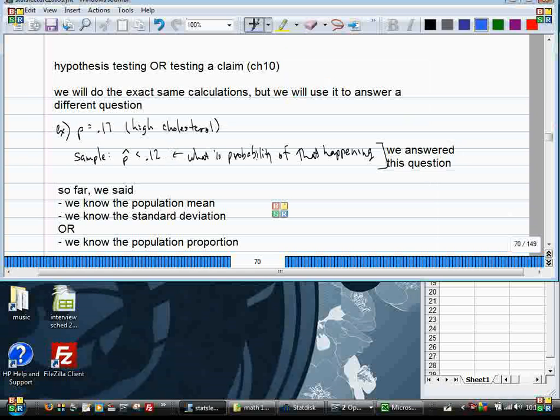So in order to get us to our next topic, here's what I want to say. We talked about doing these calculations when we know the population mean and we know the standard deviation. And we just saw how to do these calculations for proportion questions where we know the population proportion.